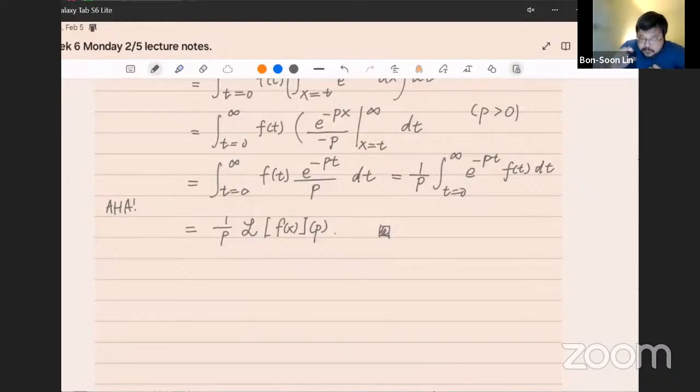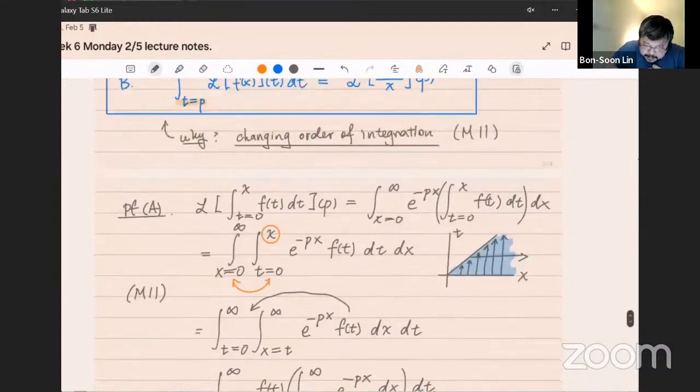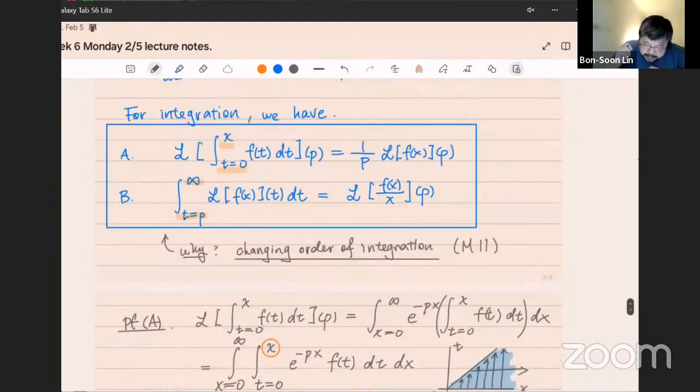This is something common in Math 11: once you interchange the order, suddenly you can integrate parts of it easily, which is what happens here. Long story short, we have proved A: the Laplace transform of an integral is 1 over p times the Laplace transform. Of course, watch out for the details here.